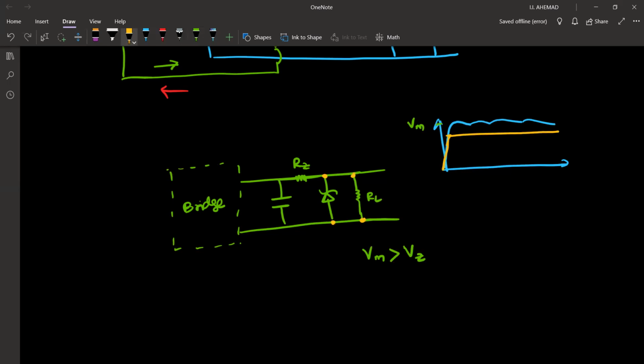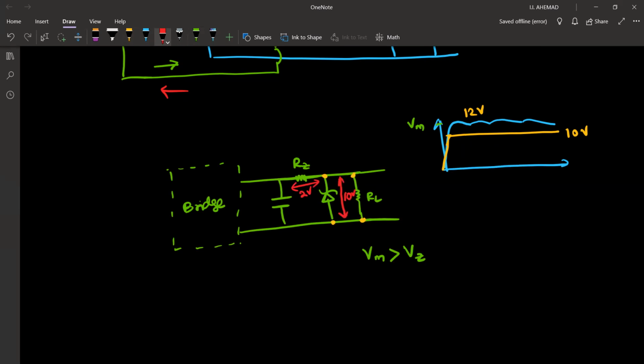Why do we need this Zener resistor? That is for, let's say our maximum voltage is 12 volt and our Zener voltage is 10 volts. So across this Zener, we get 10 volt difference. The remaining 2 volt will drop across this Zener resistor.